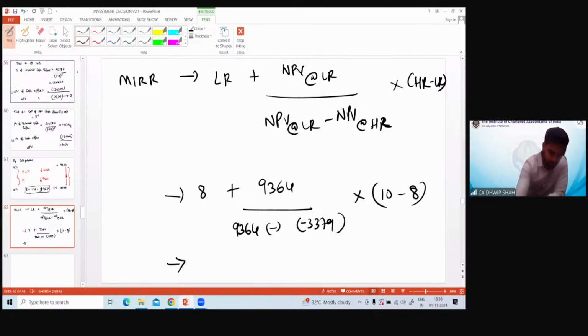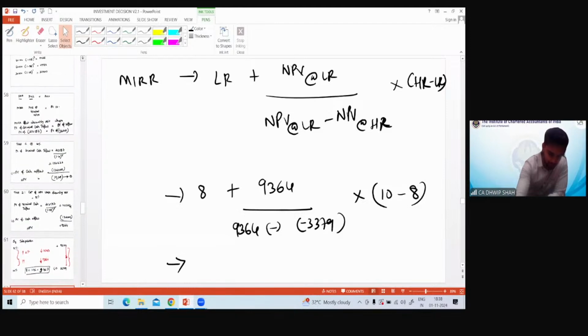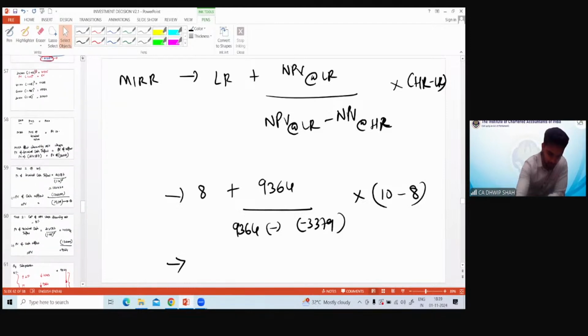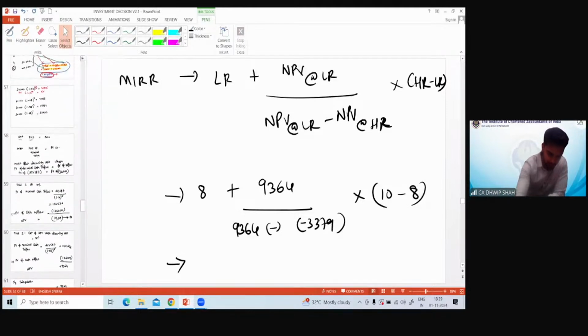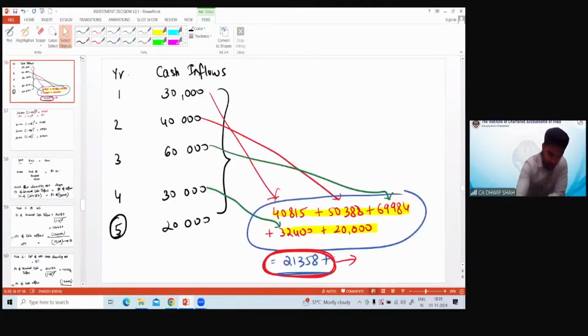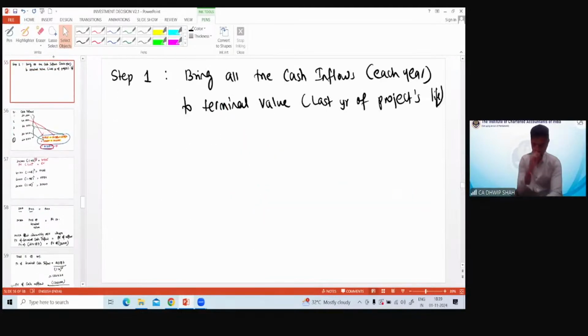So let me mention each step. Again, I am quickly revising MIRR. Step 1, bringing all the cash inflows of each year to its terminal point, and the terminal point is the last year of the project's life.